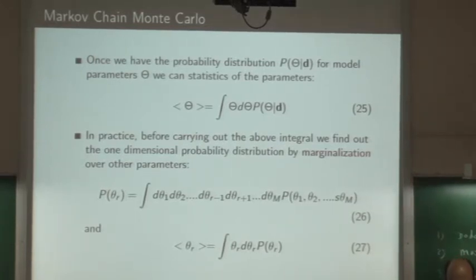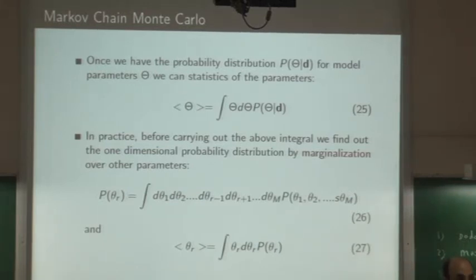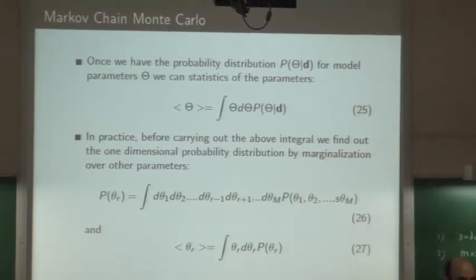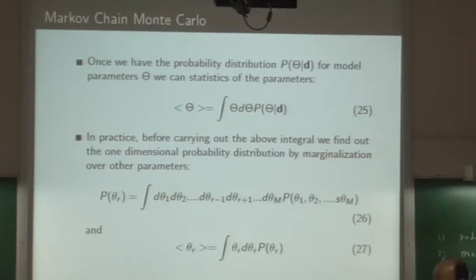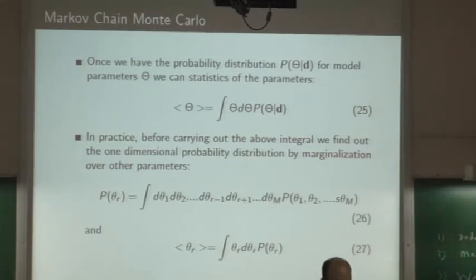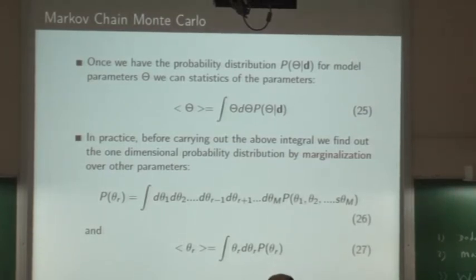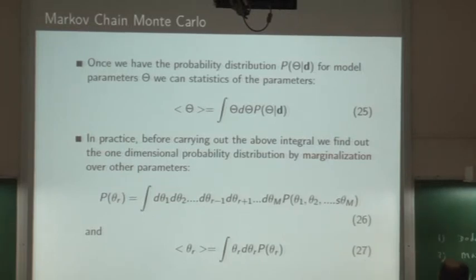If along every dimension you take 10 points, and there are 10 dimensions, then in the integration you will have 10 to the power 10 points. Computing a function at 10 to the power 10 points is very expensive or may not be feasible. Then we have to do some trick. I think people have understood why these n-dimensional integrals are difficult to do.